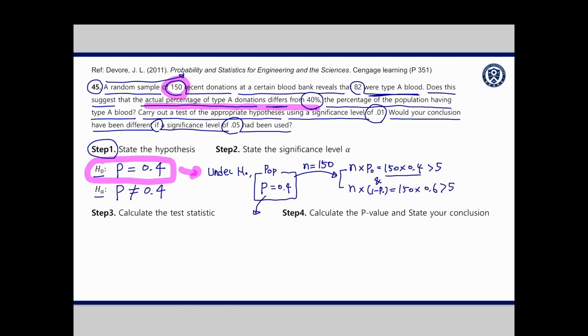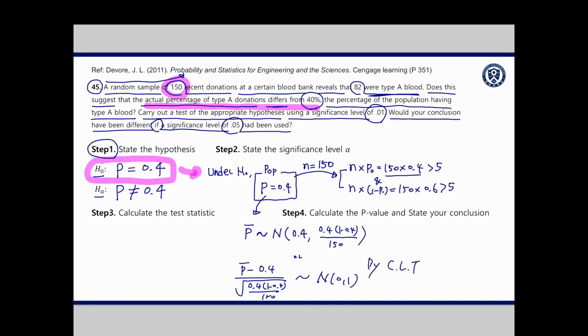Therefore, the sample proportion P bar approximately follows the normal distribution by the CLT.